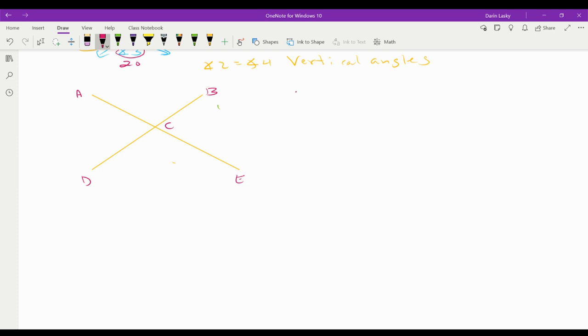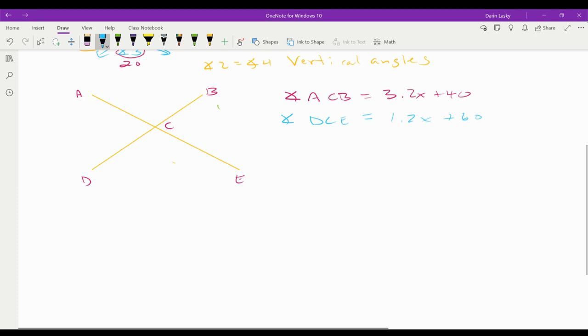Angle ACB is equal to 3.2x plus 40. And angle DCE is equal to 1.2x plus 60.